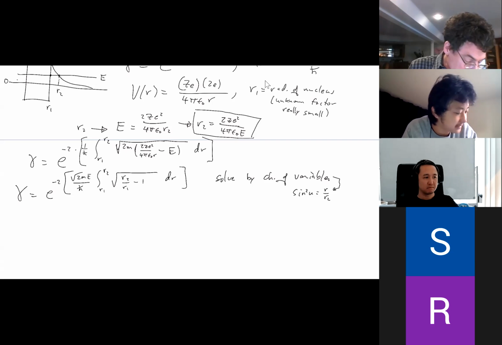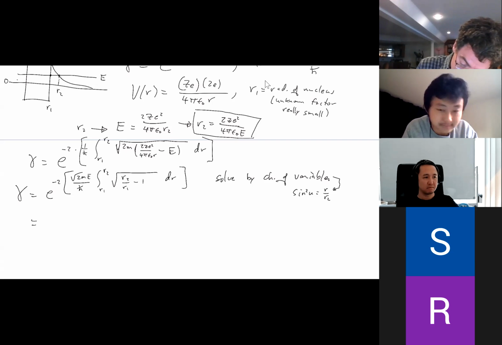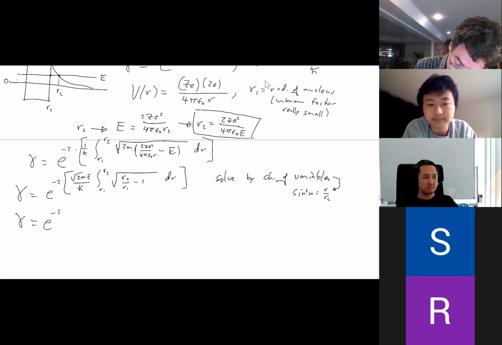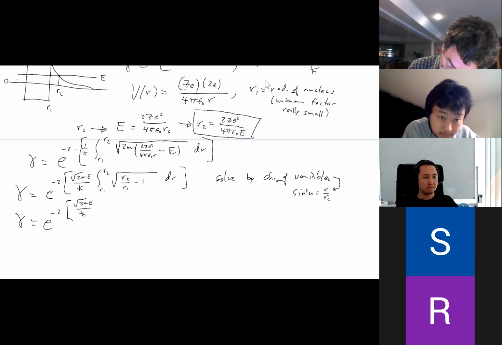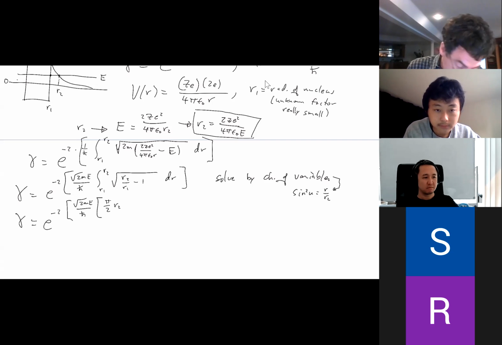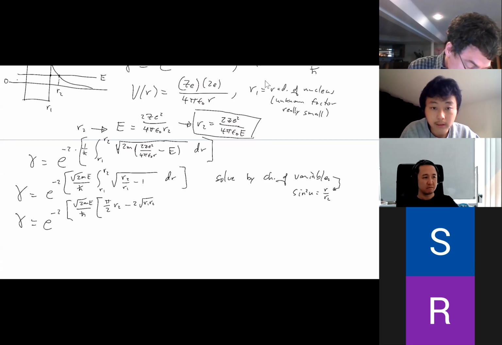And when you do that, this is equal to square root of 2mE over h bar times pi over 2 R2 minus 2 square root of R1 R2. Okay, it's approximate.